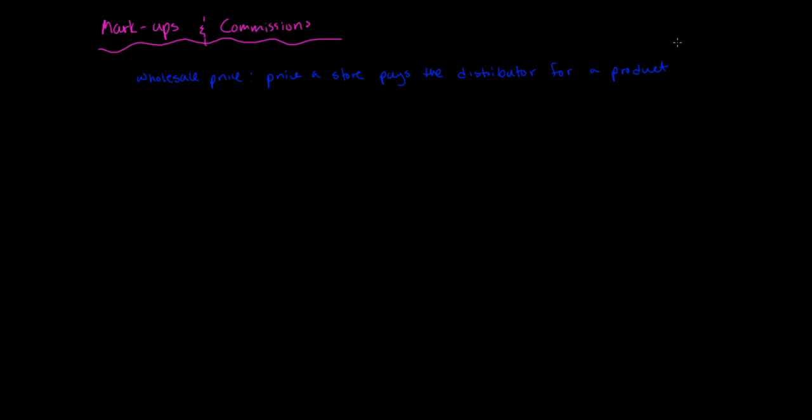Now, of course, the store can't just buy this stuff and sell it to you at the same price, because they're not going to make any money. They need to make some money themselves. So they take the original price, the wholesale price, and they mark it up. What that means is that little extra bit, or sometimes a lot, that the store adds to the price they sell to the customer so that they make a profit.